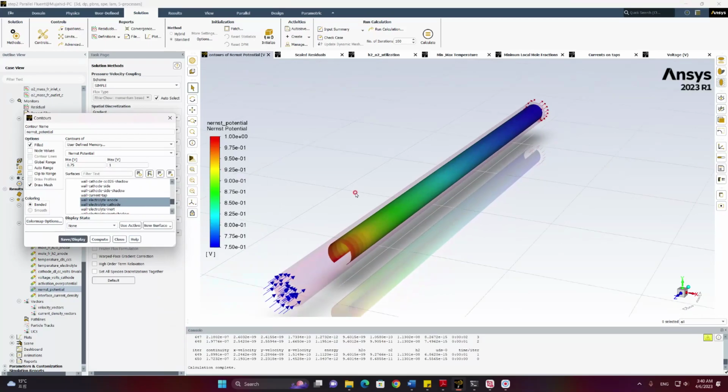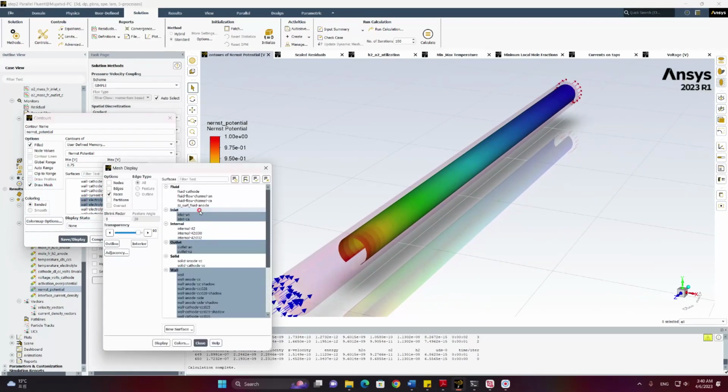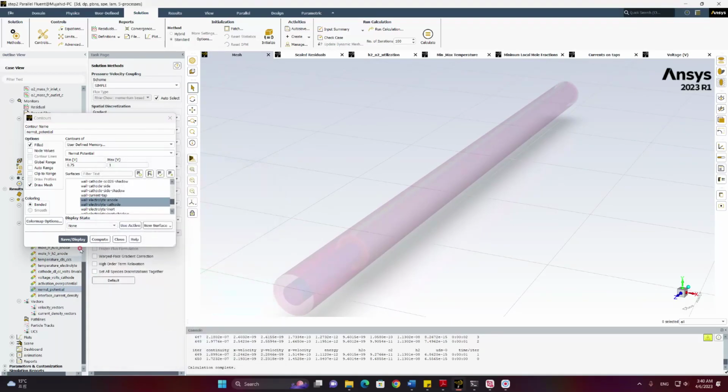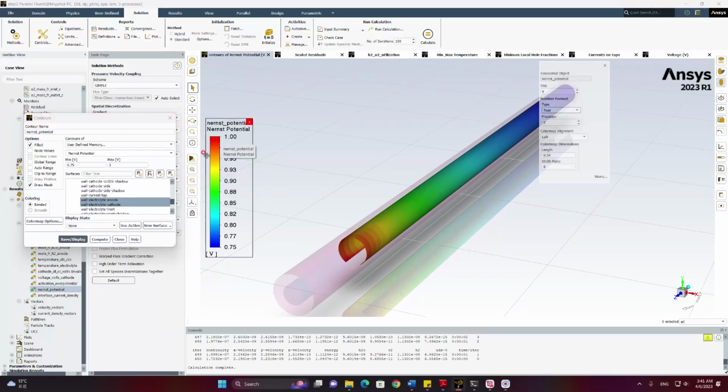So you can see inside, if you see within the cell, it gives a much better picture. And for the Nernst potential also, instead of exponential we can give it float, so you can see the voltages.